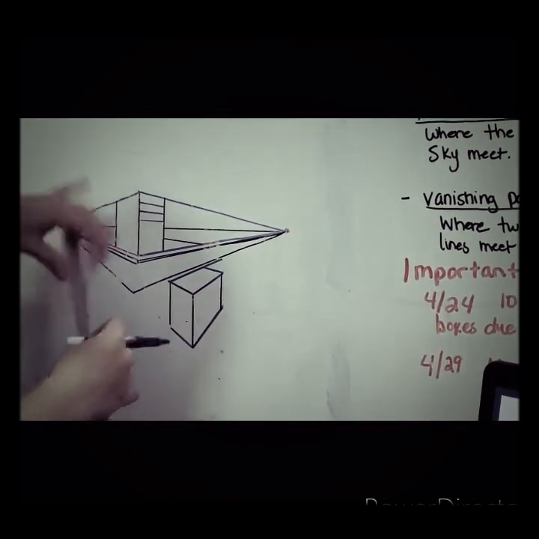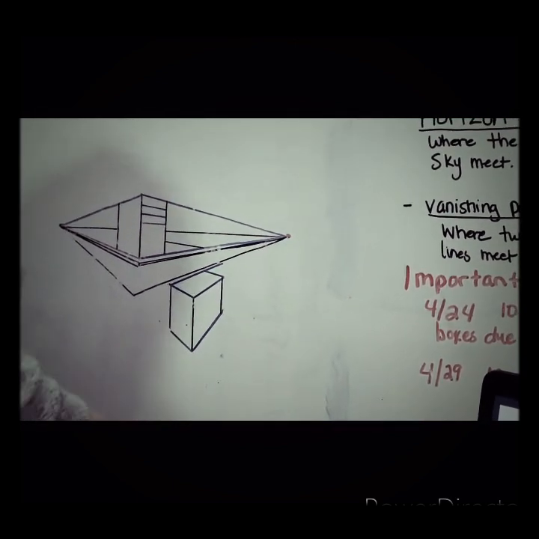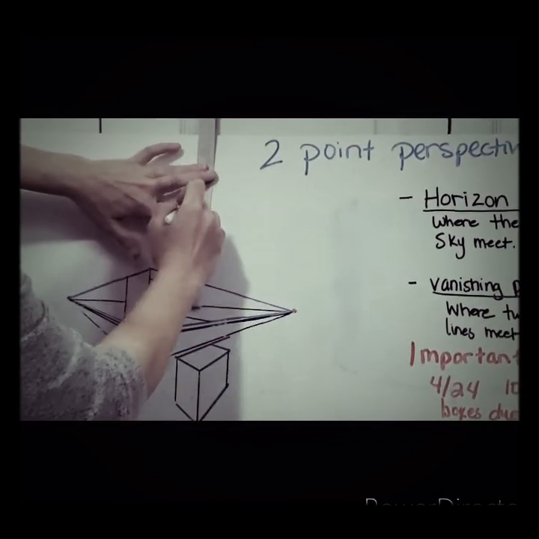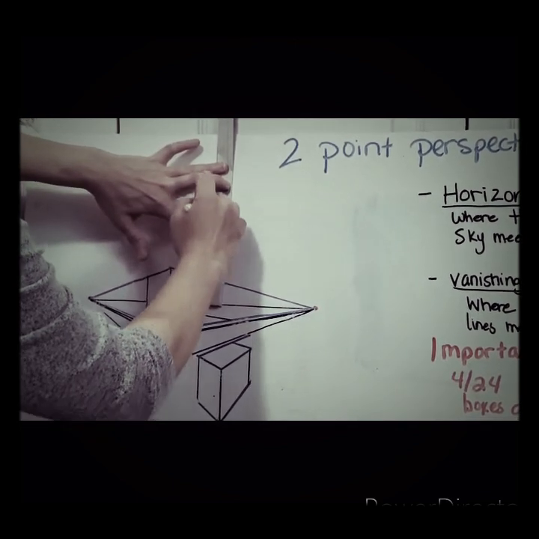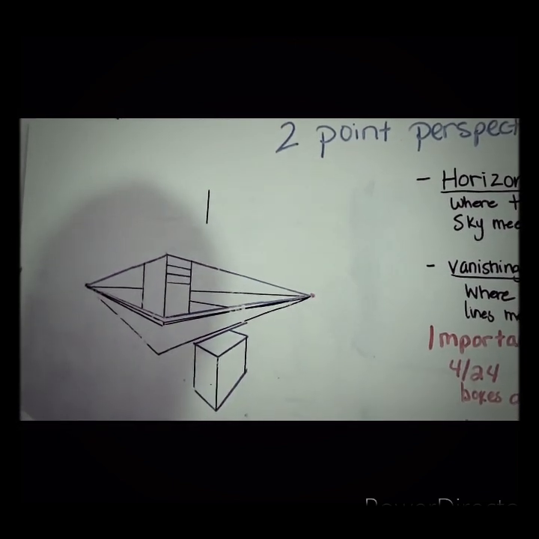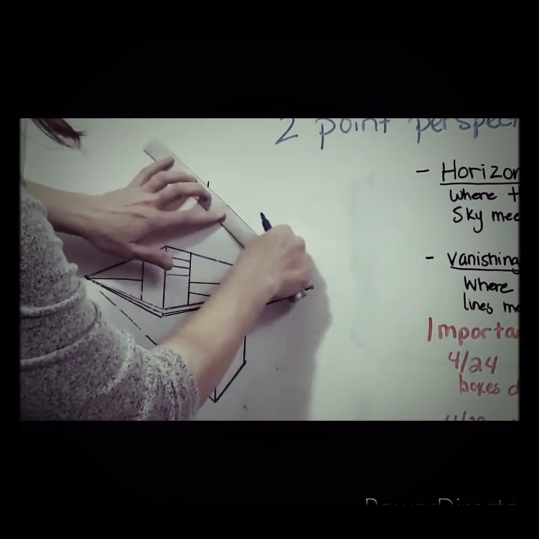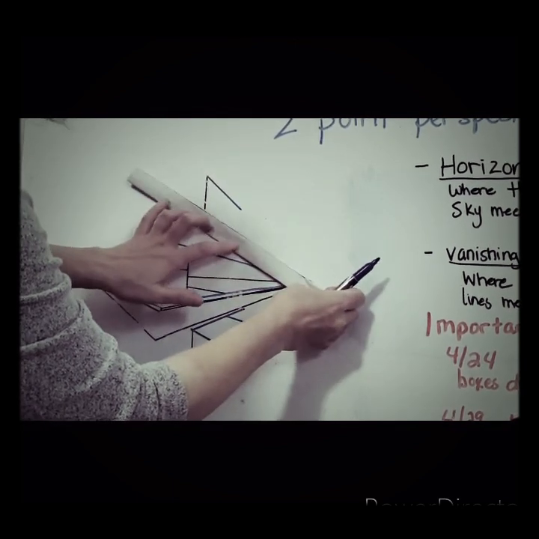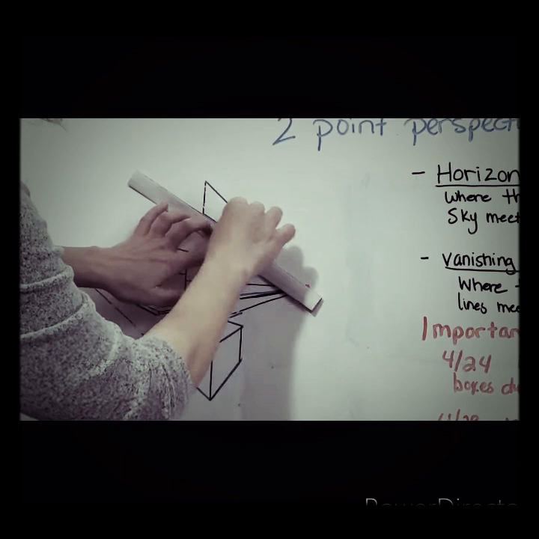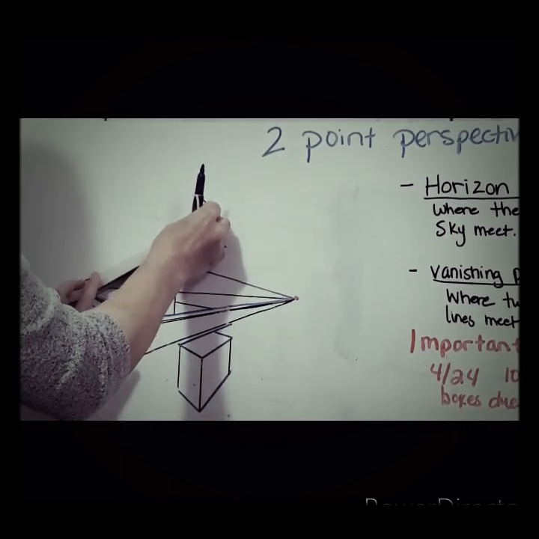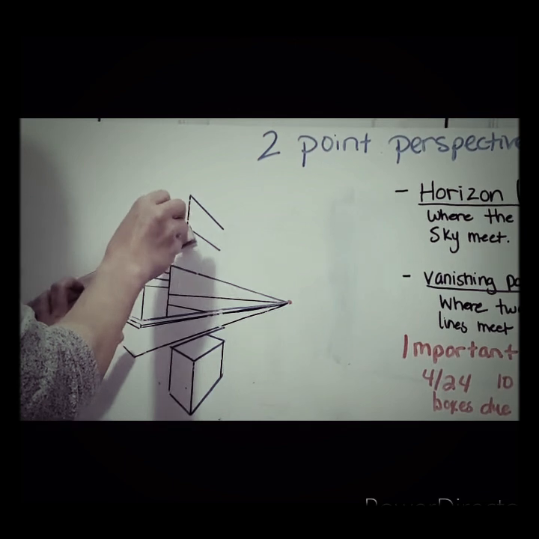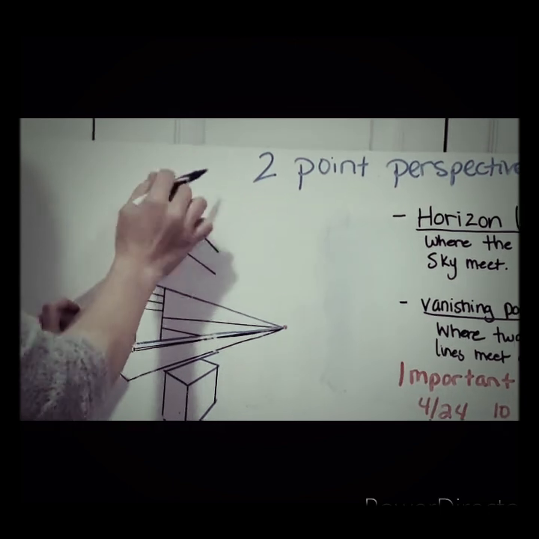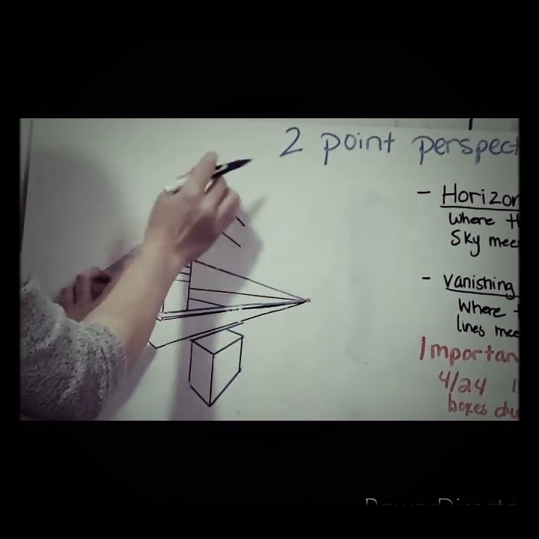Drawing something that sits above the horizon line is exactly the same. So if we find the horizon line and we draw a box above, step 1, line up, line up, okay.